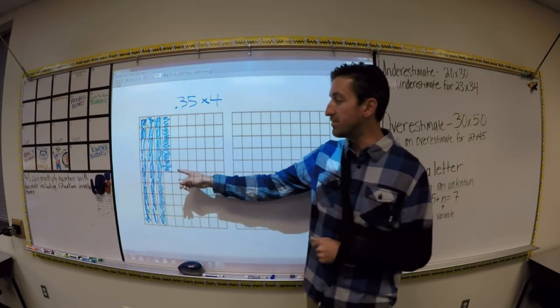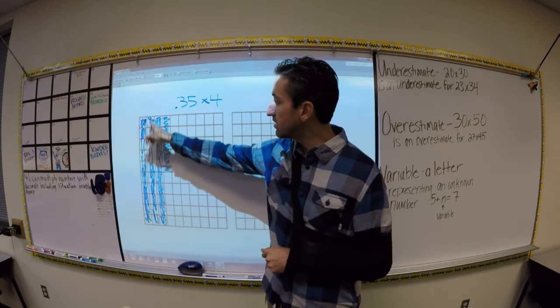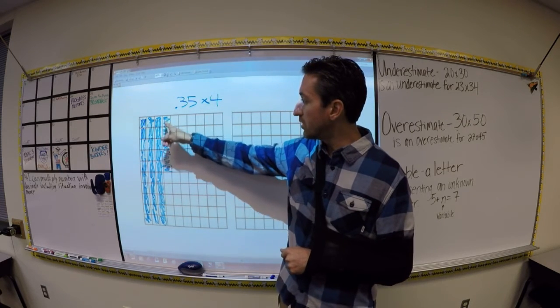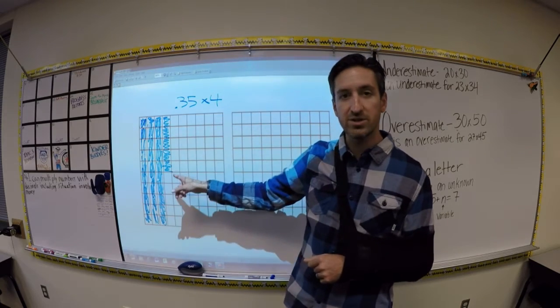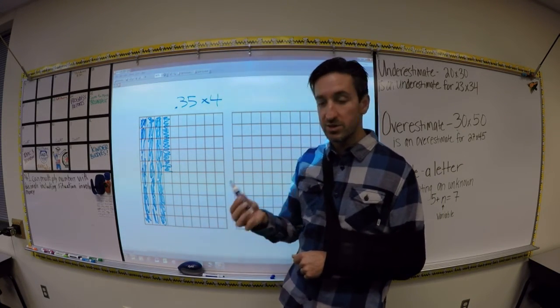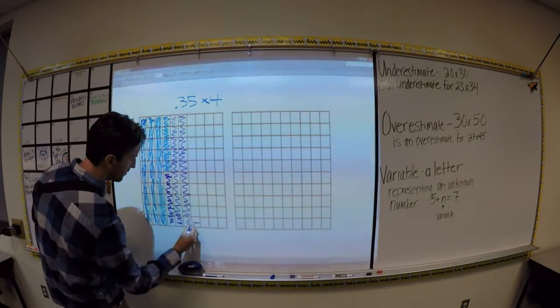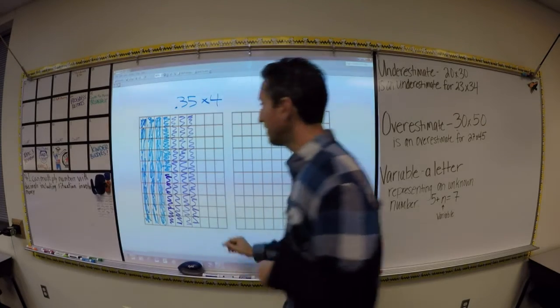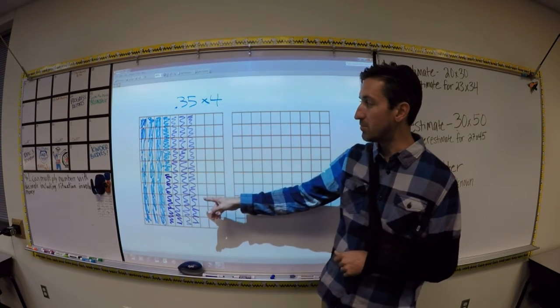Okay, you can see I have 35 squares shaded. So there's 1/10, 2/10, 3/10, and then 1, 2, 3, 4, 5 hundredths, together making 35 hundredths. Next, I'm going to shade 35 more hundredths with my purple marker. Okay, I've shaded 35 more hundredths with my purple marker.